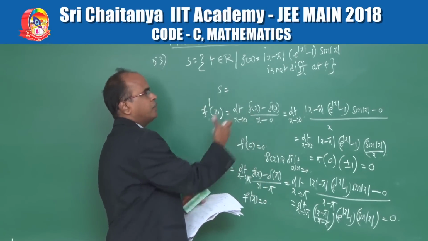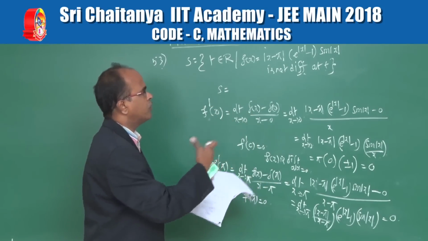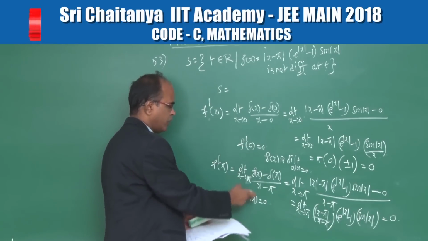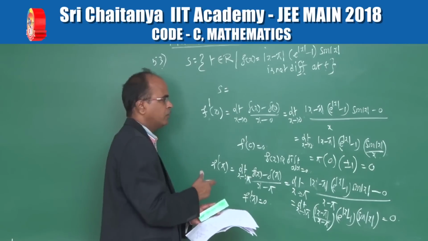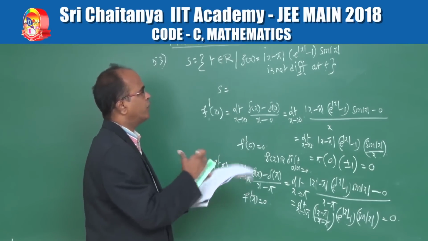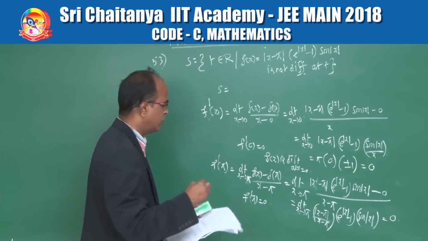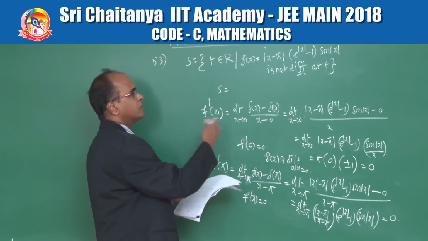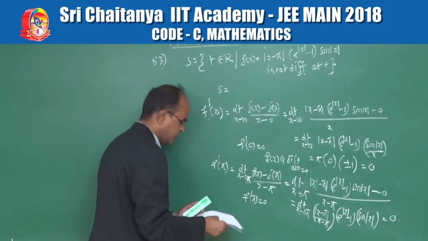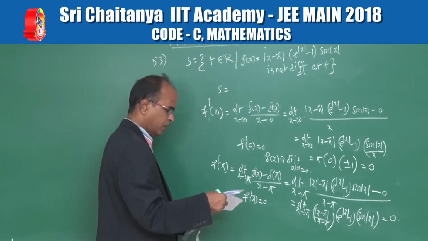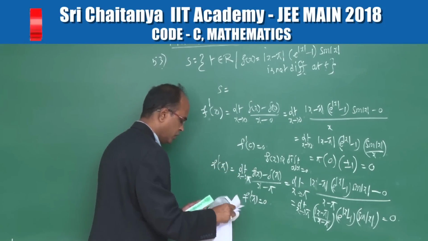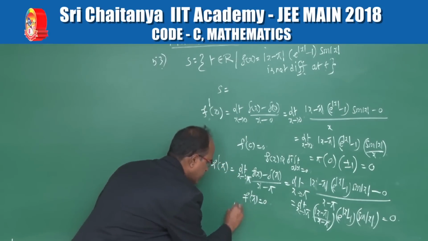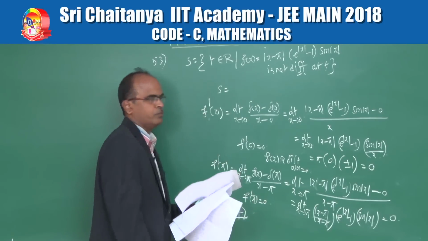Therefore at the expected points where we have the function non-differentiable, namely at 0 and pi, it is becoming differentiable. Therefore there are no points where this function is not differentiable, and hence the correct option will be option 4, that means empty set. Therefore the answer is option 4.